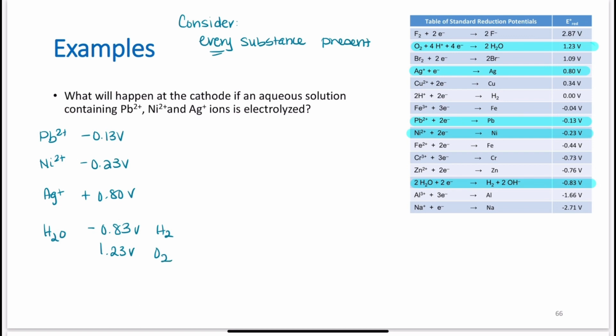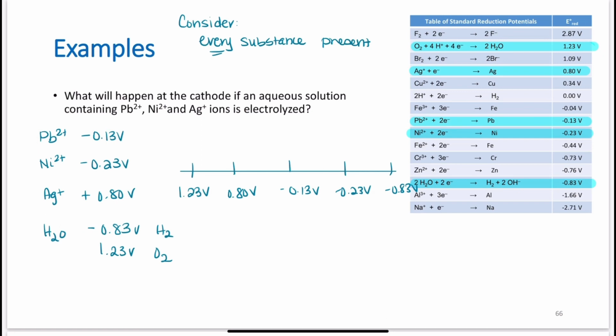It's kind of a weird thing to think about. What I want you to think about is all these on a number line. I've got positive 1.23 volts, positive 0.80 volts, negative 0.13 volts, negative 0.23 volts, and negative 0.83 volts.